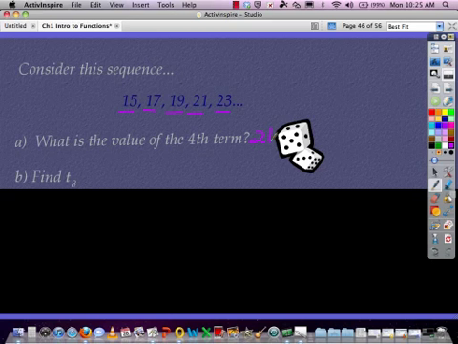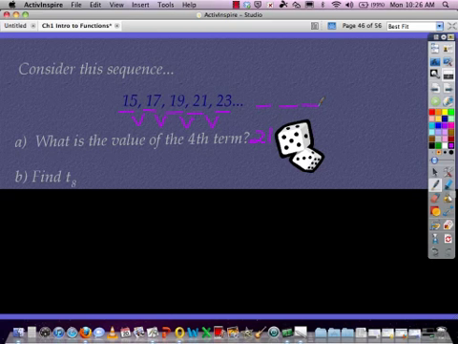Well, in looking at that pattern that you started with, you hopefully saw something happening between every set of numbers. And if you did, then you should be able to lengthen this list and get it to where you need. And right now, as you can see, we only have 5 terms, so we would need a 6th, a 7th, and an 8th.